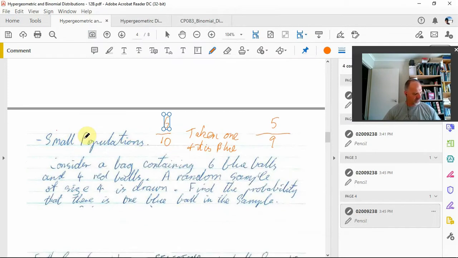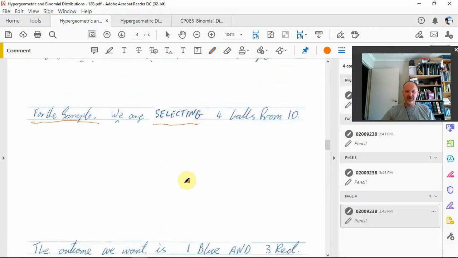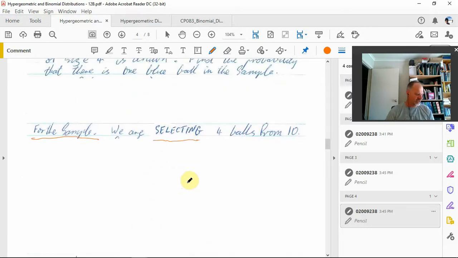So we need to figure out a way of working it out. And so here's what we do. For a sample, let's not worry about whether they're red or blue at the moment. So this is the sample. We are selecting 4 balls from 10. Now, remember back to our combinations, selections, arrangements and selections, permutations and combinations.